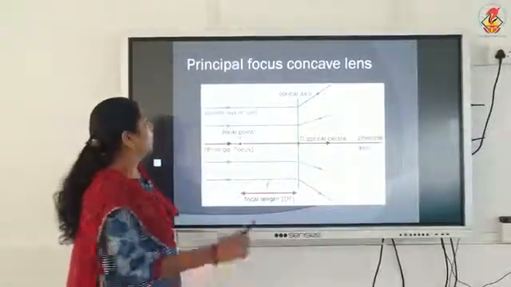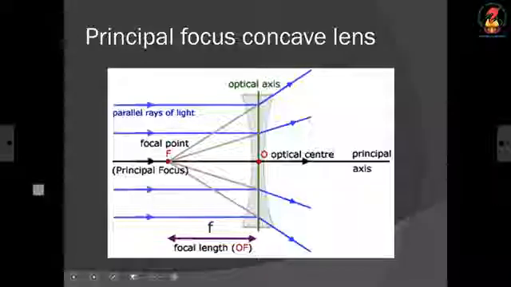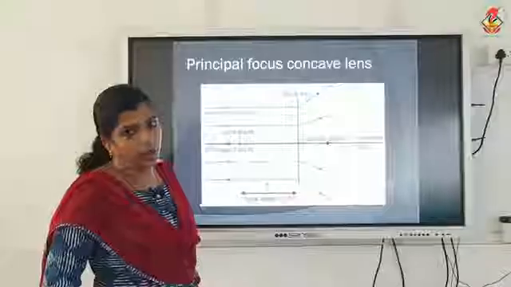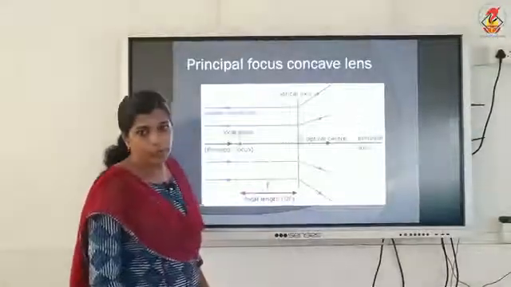Now, light rays parallel to the principal axis after refraction will diverge.